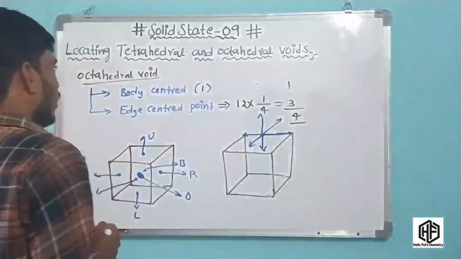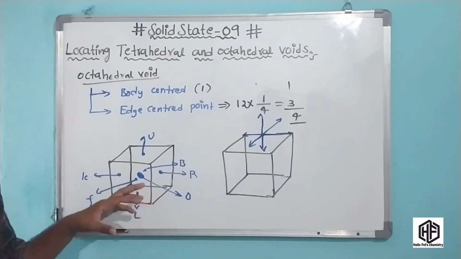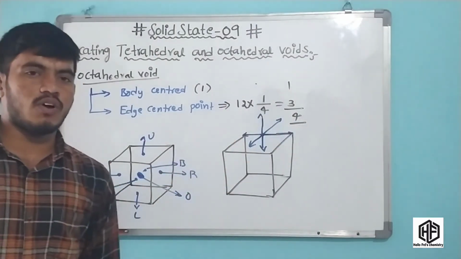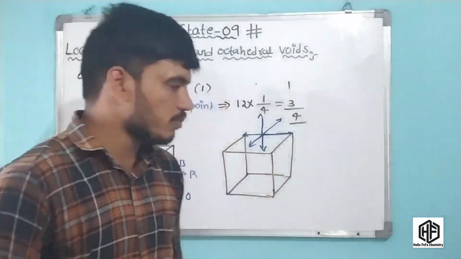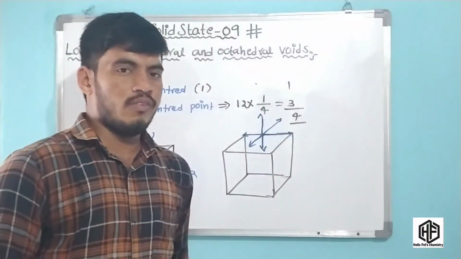Okay friends, in face centered cubic close packing, how many octahedral voids are present there, friends? 4 octahedral voids are present and 8 tetrahedral voids are present. It means in face centered cubic close packing, what is the rank of the unit cell?